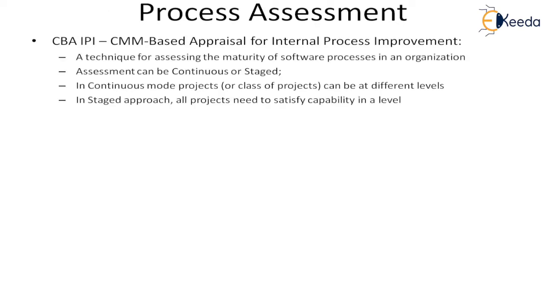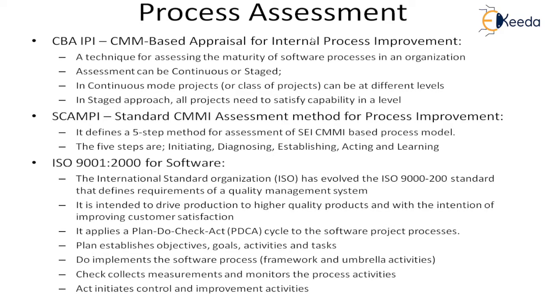We come to the process assessment. Process assessment is basically using those two quality management models, or meta models, the frameworks that are used for quality assessment of the process. So here we have two types of assessments. One is CMM based, the other is ISO based.